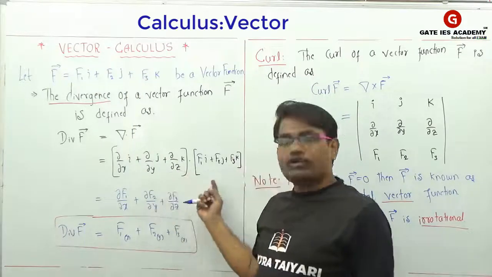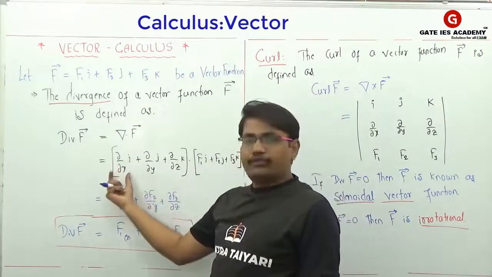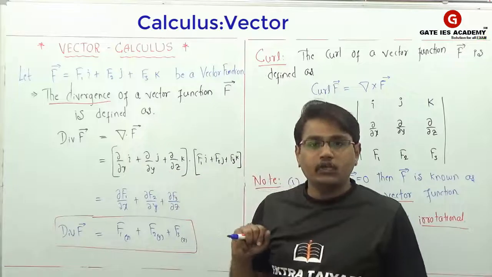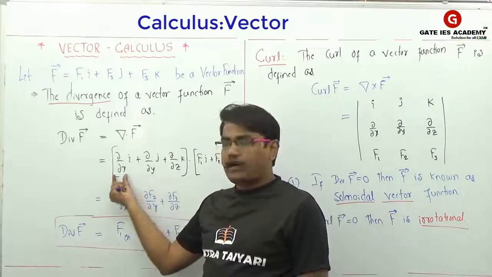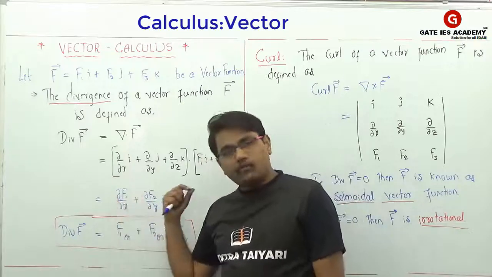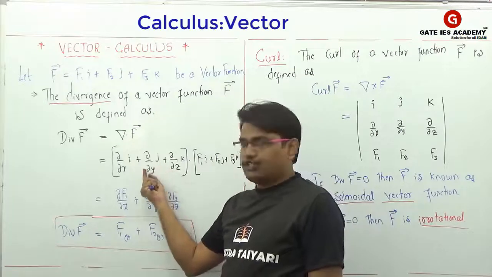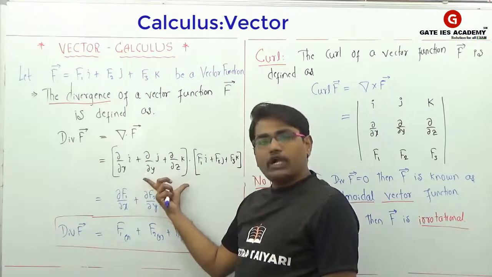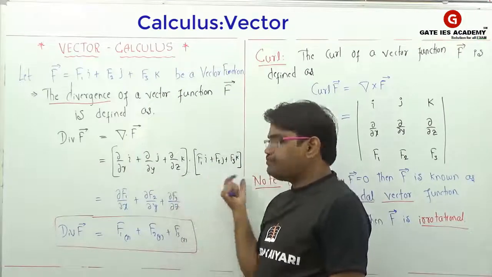Now how to take the dot product of two vectors? Just multiply the coefficients of i together, coefficients of j together, and coefficients of k together. Here the coefficient of i is f1, and here the coefficient of i is dou by dou x. So I take them together, that is dou f1 by dou x, plus similarly for j, dou f2 by dou y, and then dou f3 by dou z.